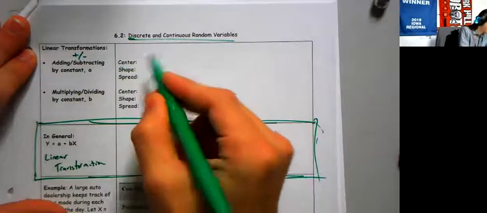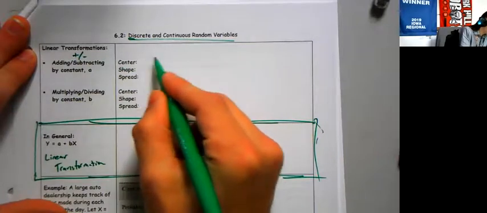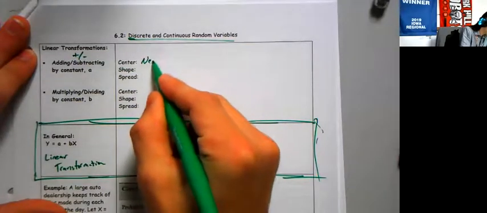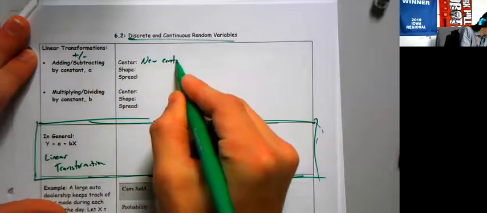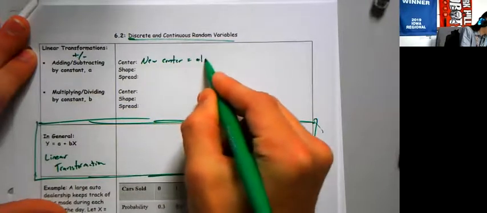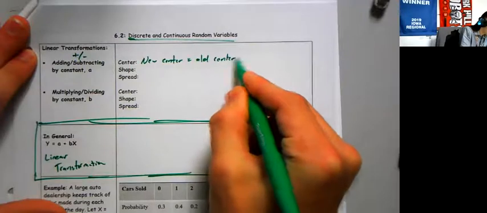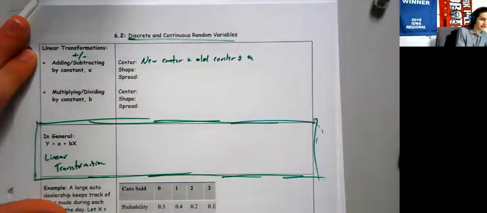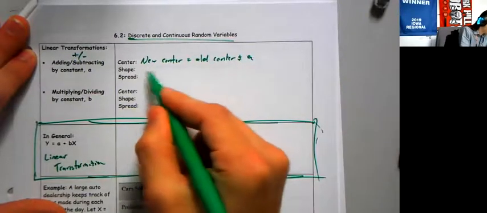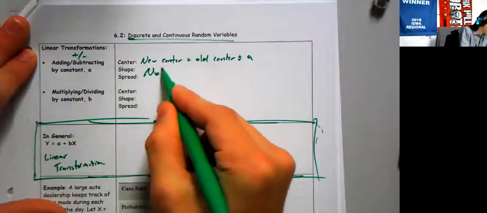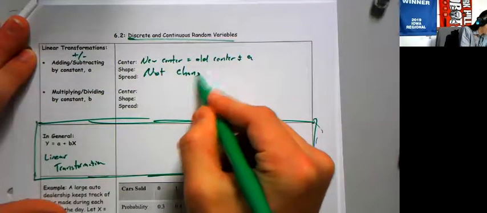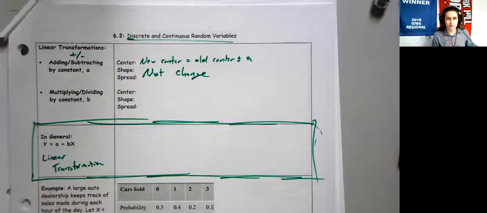It affects the center. The new center is the old center plus or minus a, and the shape and the spread are not changed. So adding only affects the center.